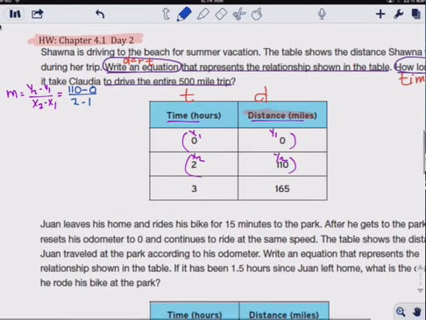I'm going to double check here because my slope is the most important. If I get this wrong, I get everything else wrong. So I need to be precise on my slope. Uh-oh, I put a 1 instead of a 0.